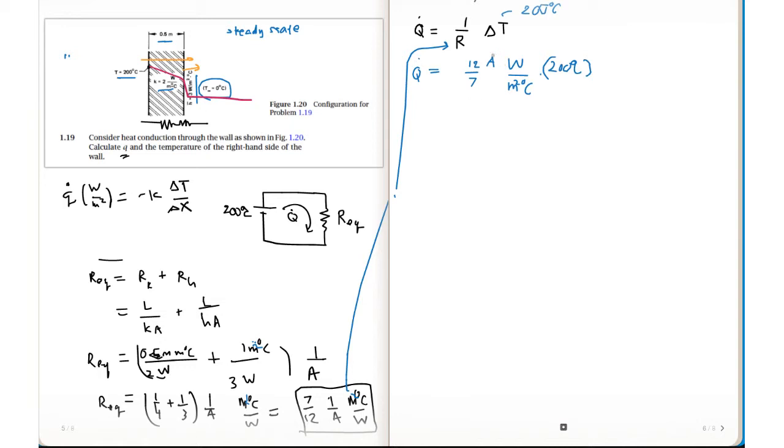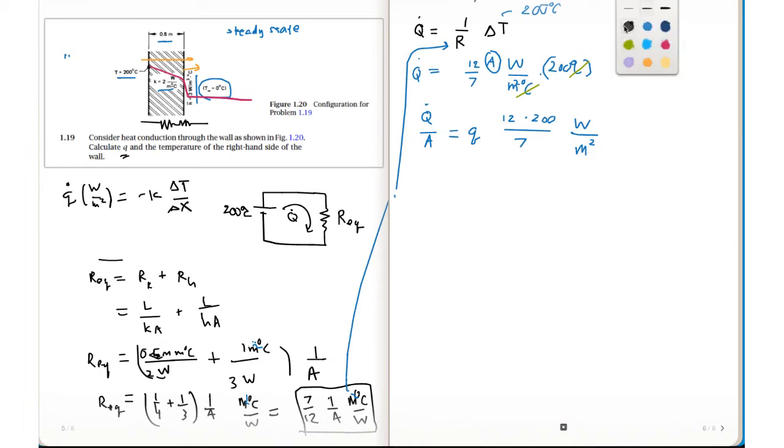So we bring this area over to this side and we get Q dot over A, which equals this little q, what we're looking for, equals 12 times 200 divided by 7 watts per meter squared. In doing this, I've canceled out degree C, so we have watts per meter squared.